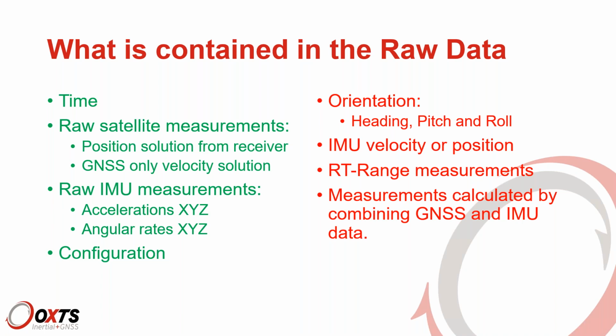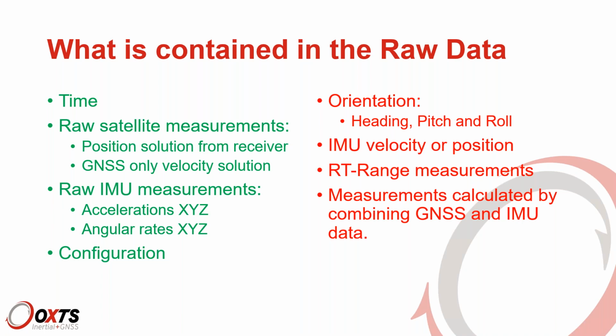So any forward or lateral measurements. You also don't get any velocity measurements or position measurements from the IMU because these need to be processed from the acceleration and angular rates measurements. You won't get any RT range measurements sort of stored by default in the raw data.